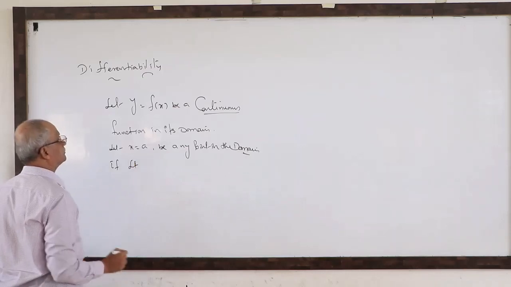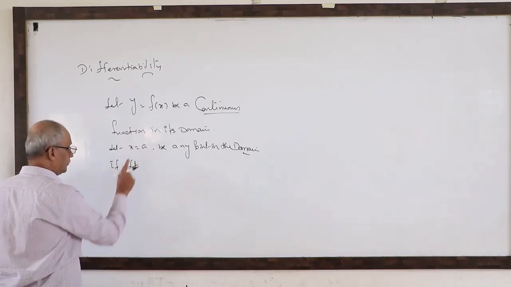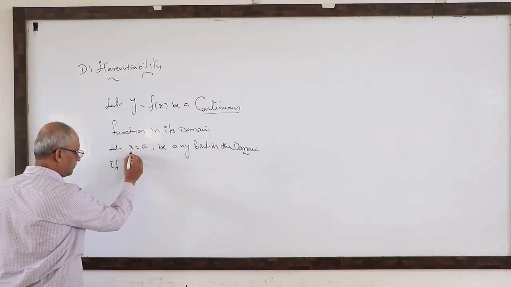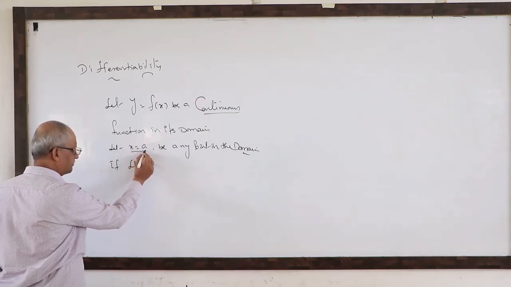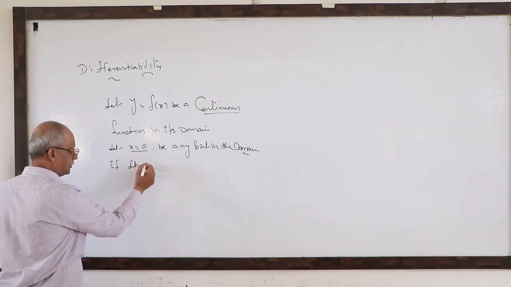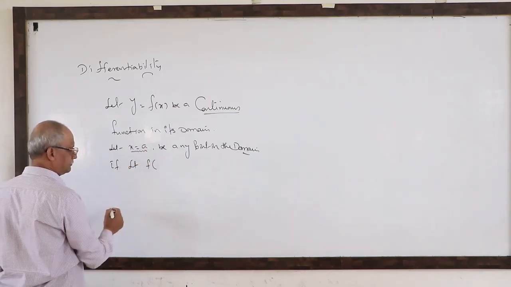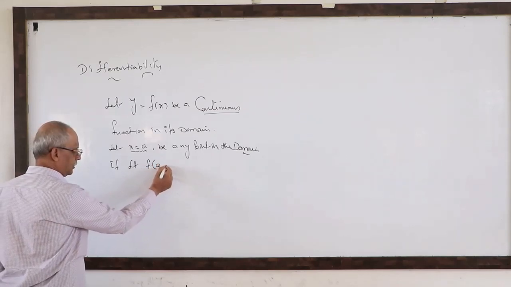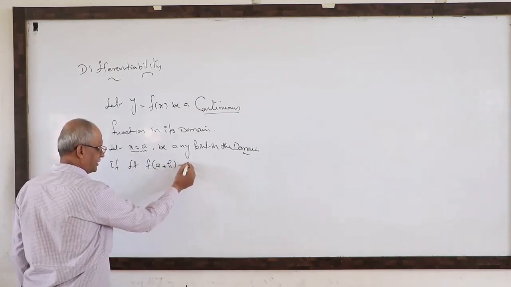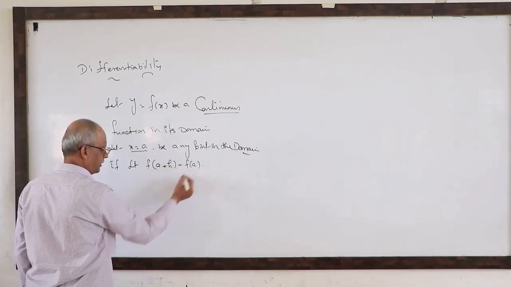Now the limit. That means we are only concentrating on one value of x. Only the limit of f of a plus h minus f of a. What is its meaning?